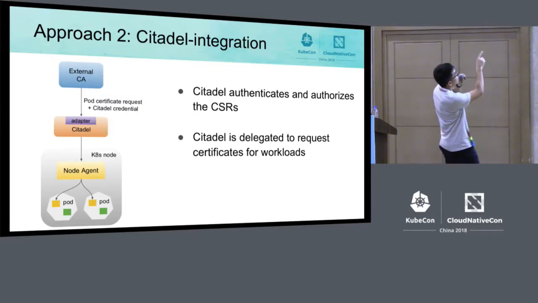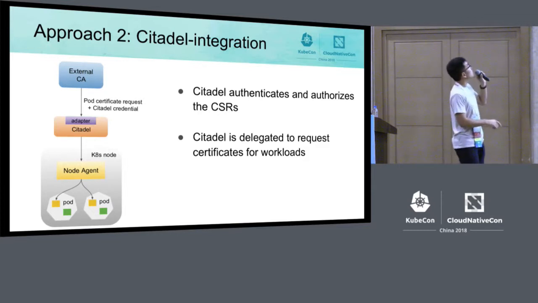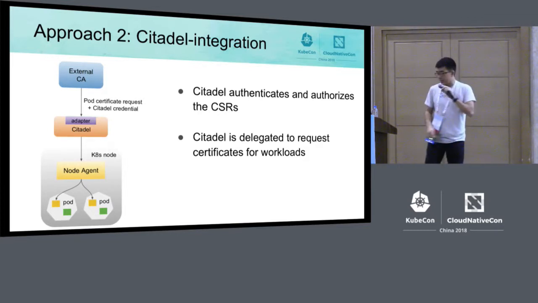And the good thing is, the external CA doesn't need to recognize the internal identities through the authentication mechanism because Citadel authenticates it. And Citadel is delegated to request all the certificates requested in the cluster. It just represents all the workloads and asks for their certificate from the external CA.